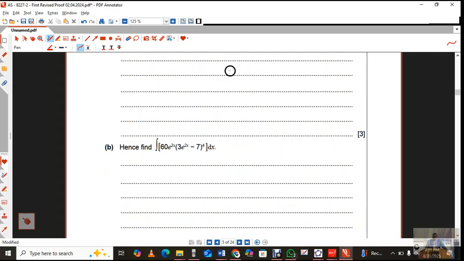Now they say hence, which means you are supposed to use part A in order to arrive at a certain conclusion. And let me just do something over here, because I see that 60 there, and I can take out a 2, because it's like 2 times something, all right? So this is the integral of 2 times 30e to the 2x, and then you have got 3e to the 2x minus 7 raised to the power 4 with respect to x.